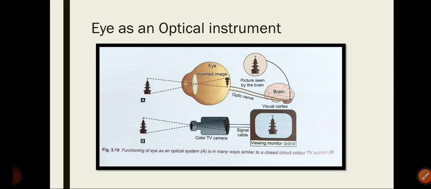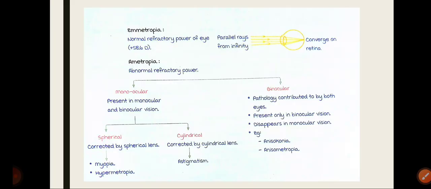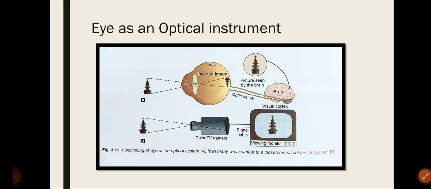It should be noted that, to be more precise, the functioning of the eye can be considered analogous to a closed circuit color TV system, as depicted in this picture. Here the functioning parts are the optical systems.